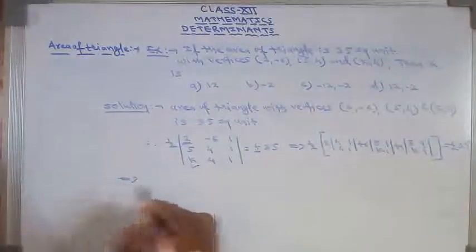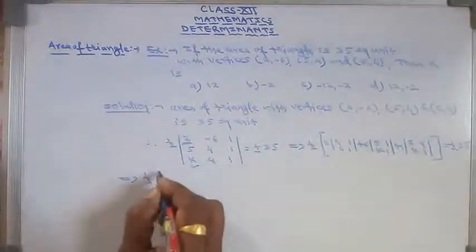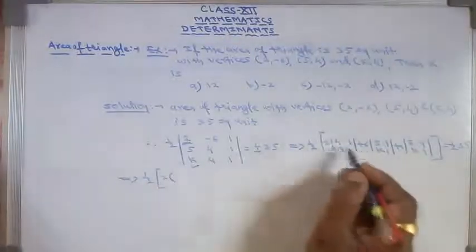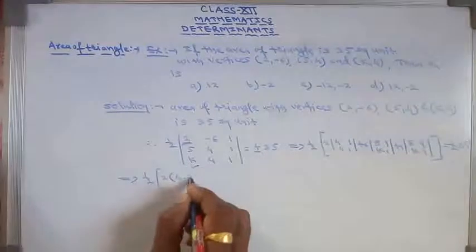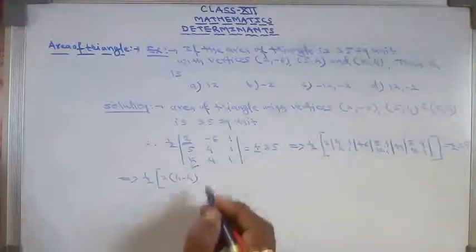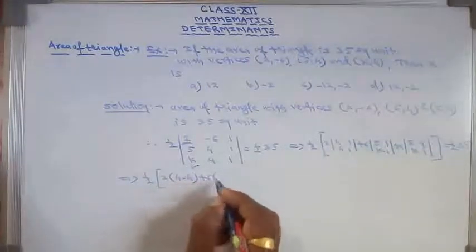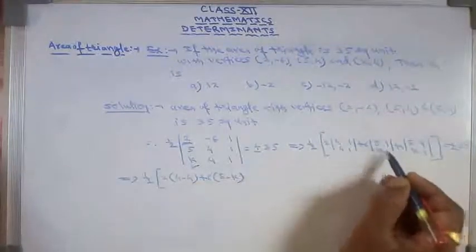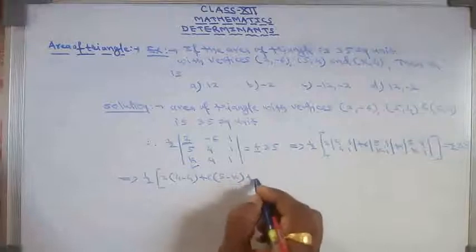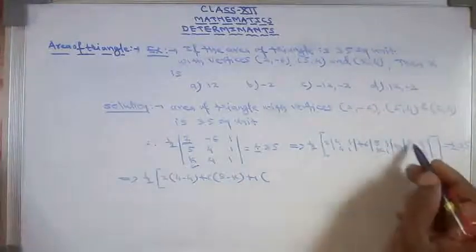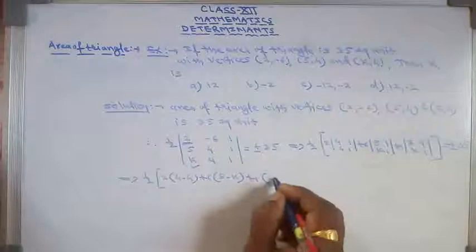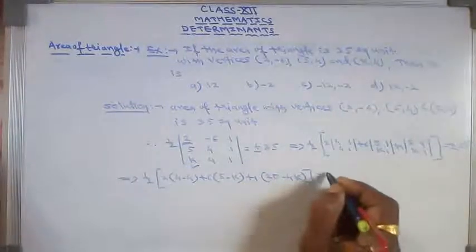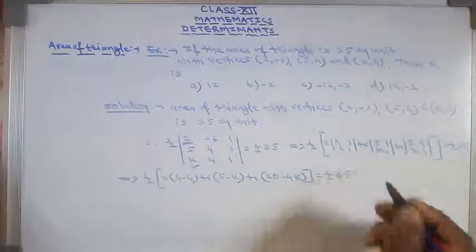This implies half into 2 into (4 minus 4), plus 6 into (5 minus k), plus 1 into (20 minus 4k), equals plus minus 35.